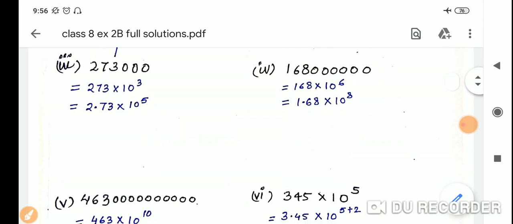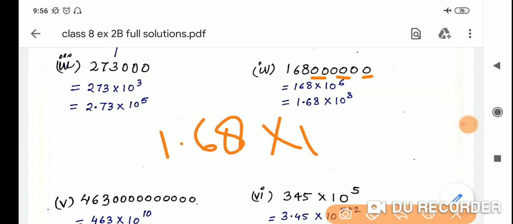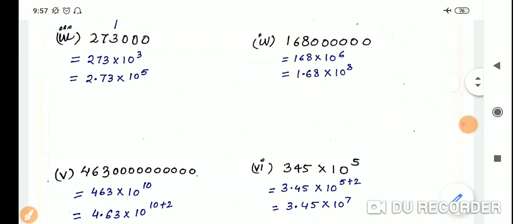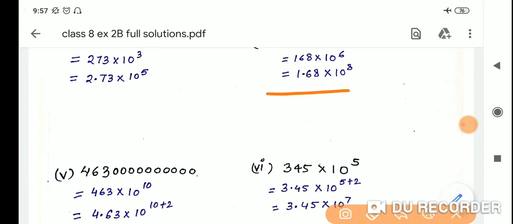Next is the fourth one, 168, and how many zeros? 2, 4, 6. So 168 into 10 raised to the power 6. Same here, 1.68 multiplied by 10 raised to the power 2 multiplied by 10 raised to the power 6. You add the powers, 2 and 6 is 8. So the answer is 1.68 into 10 raised to the power 8.